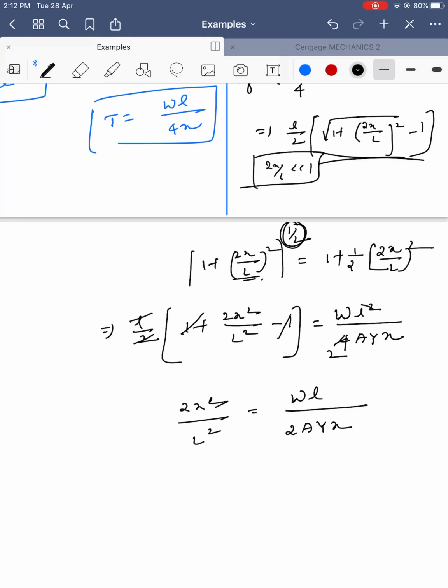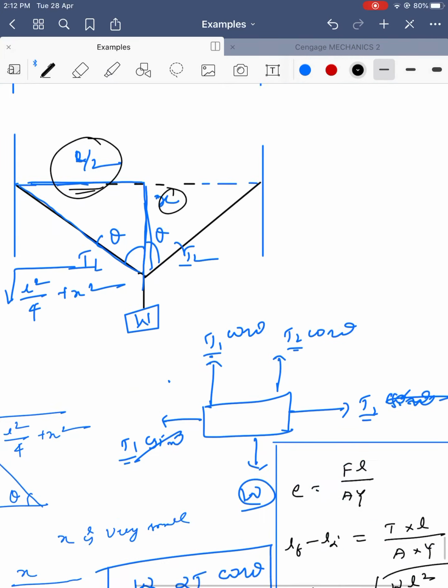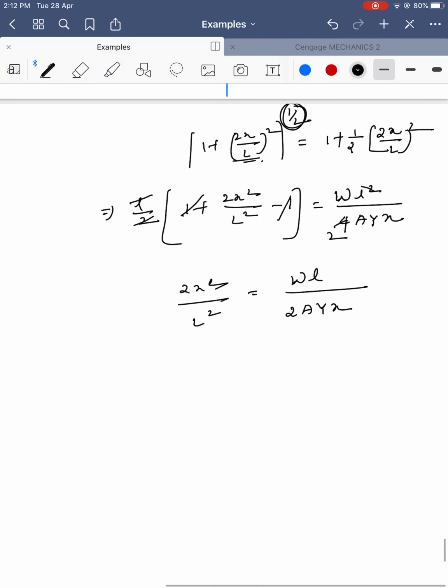And the actual question they asked us to find is the depression. Depression is nothing but x. So to get the depression, take x to the other side, and x cube is equal to WL cube by 4 AY.